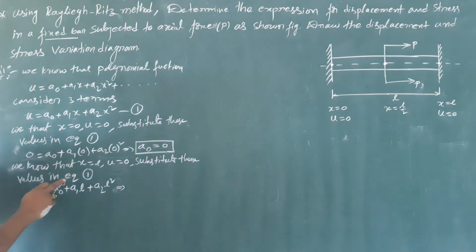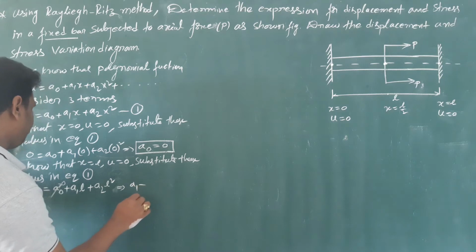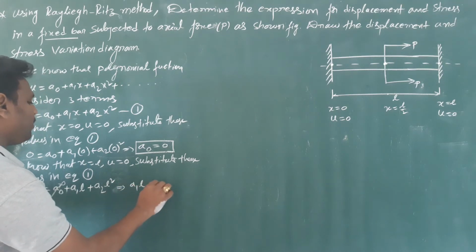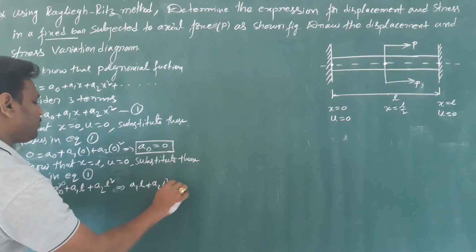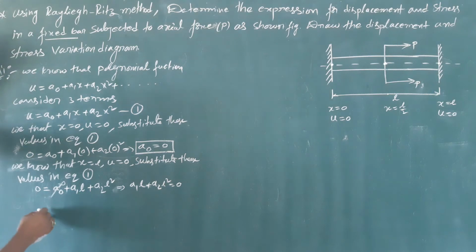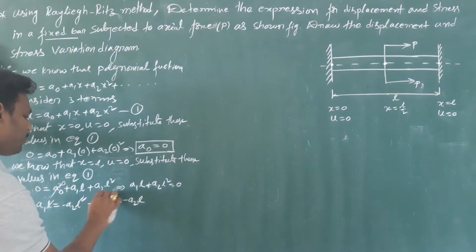So finally we got a1 L plus a2 L square is equal to 0. Now a1 L is equal to minus a2 L square. L cancels, so the remaining is a1 is equal to minus a2 L.